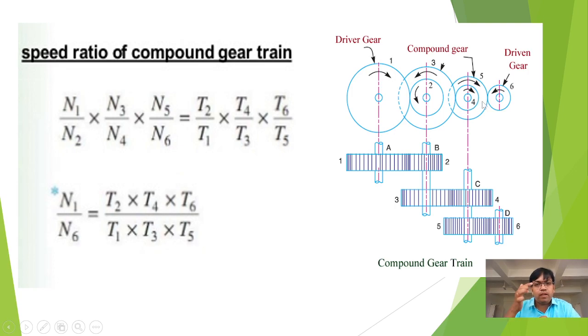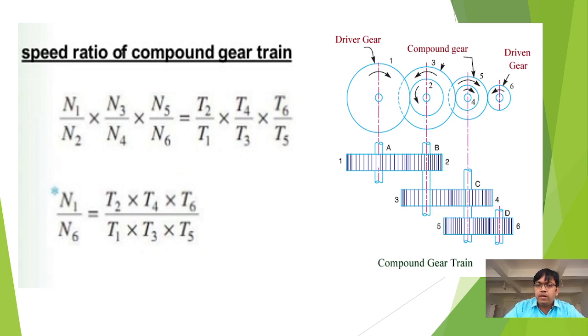Now, if you multiply all these three speed ratio equations, N1 by N2 into N3 by N4 into N5 by N6 will be equal to T2 by T1 into T4 by T3 into T6 by T5.